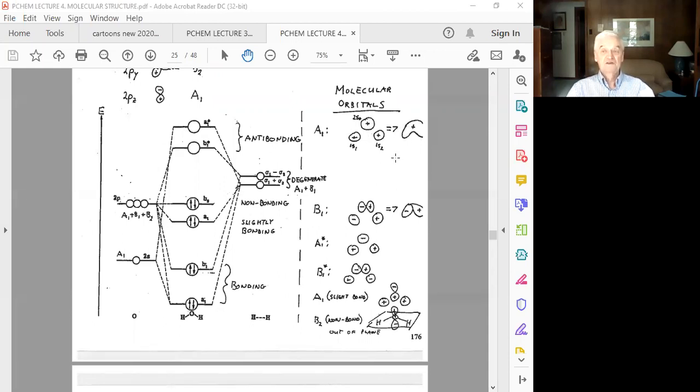Now, I'm going to say this over and over and over again, but realize, please, that orbitals are different from bonds. In freshman chemistry, it's kind of implied when you put two electrons represented by dots between two atoms, that those two electrons are a bond. That's not the case. So these two electrons, if you look at it in the lowest energy, this is this A1 orbital.